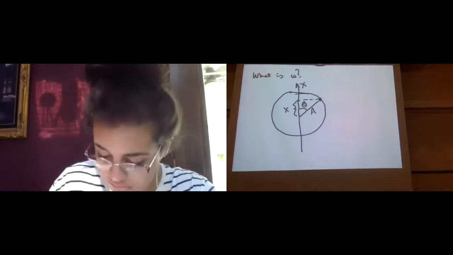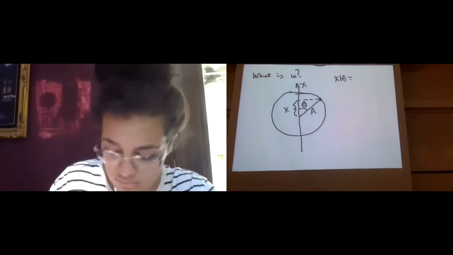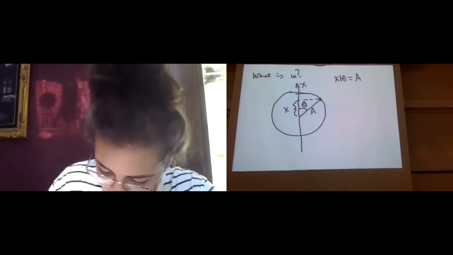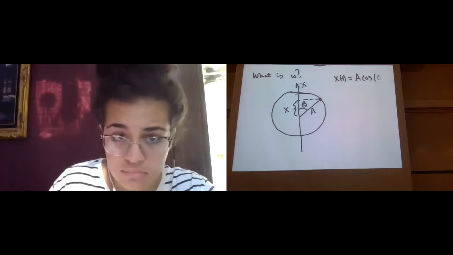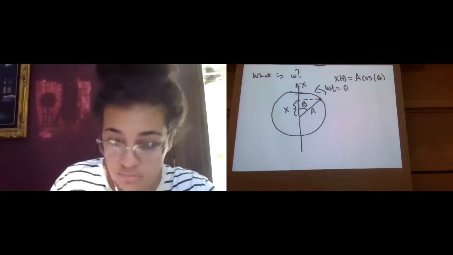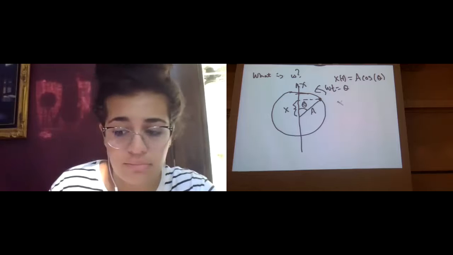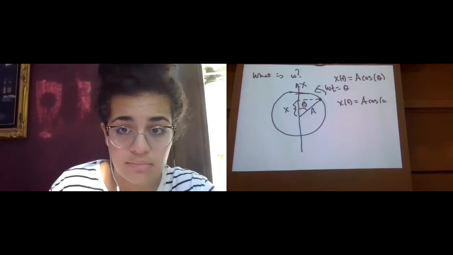From here, we can say that x of t is equal to the amplitude, which is equal to the radius, times cosine of theta. Since this thing is moving with uniform circular motion, omega is a constant, so theta is equal to omega times the time. So x of t is equal to A cosine of omega t.